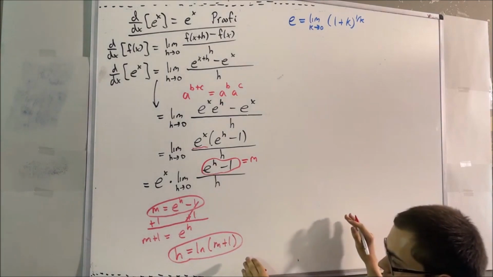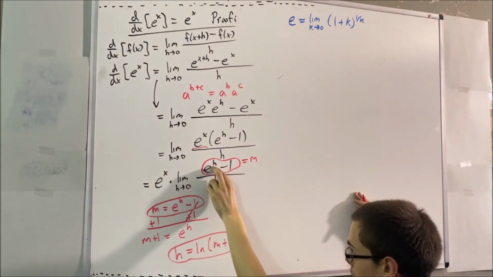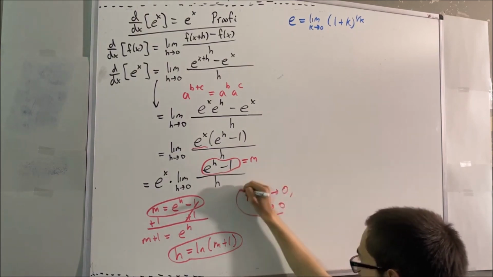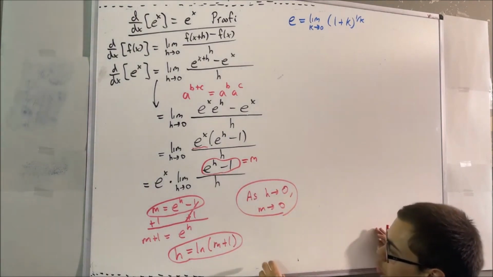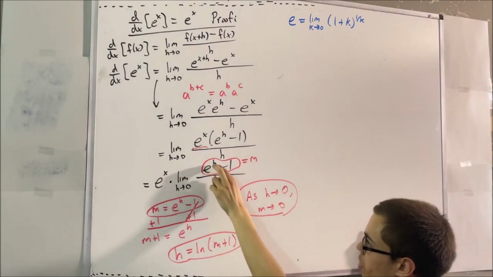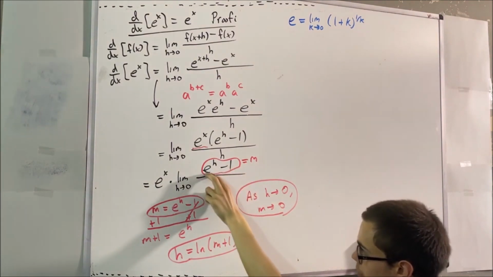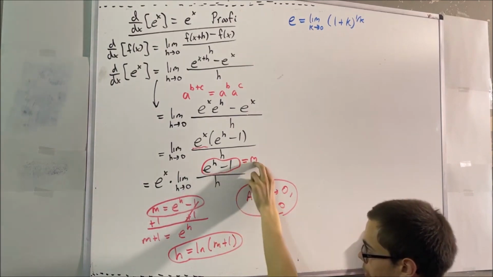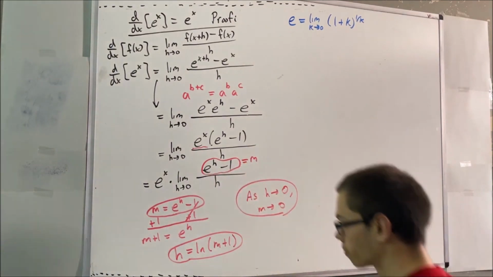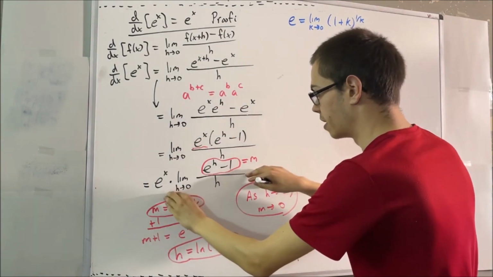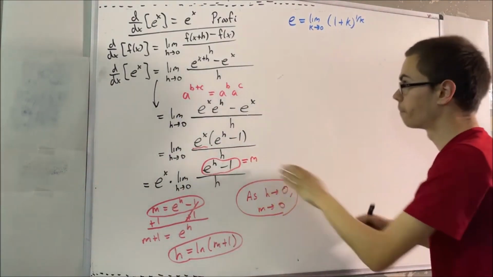Now notice that as h approaches 0, m will approach 0. And just to be clear, the reason why is because as h approaches 0, you get e to the power of 0 minus 1, which is really just 1 minus 1, which is 0. Therefore, m approaches 0. So what we're going to do is rewrite this limit in terms of m.